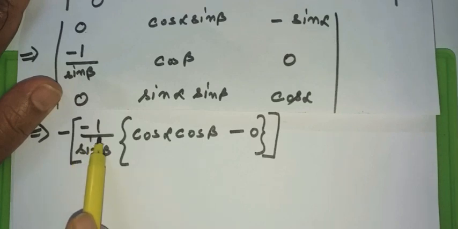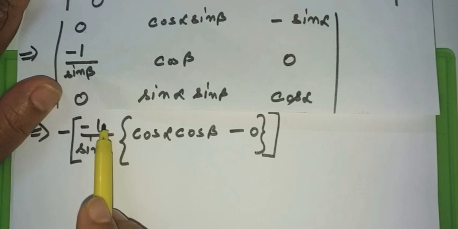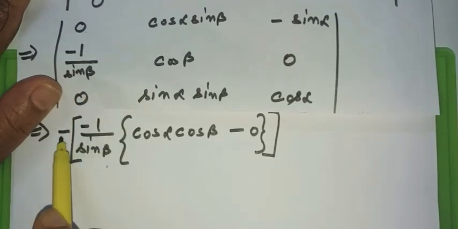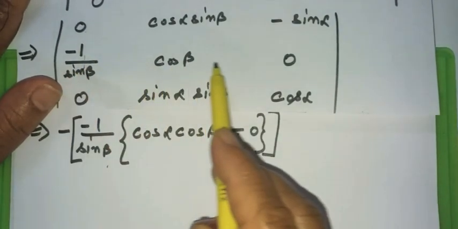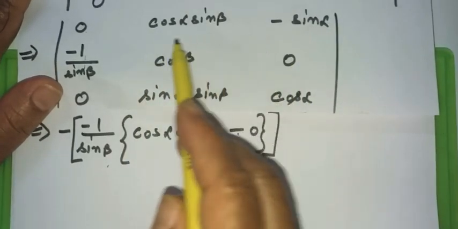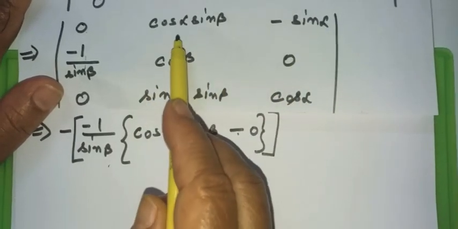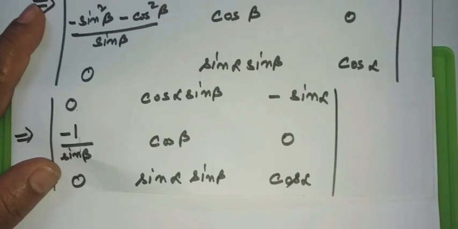So minus 1 upon sine beta becomes negative of minus 1 upon sine beta, multiplied by its cofactor. With the cofactor, I neglect the column and the row in which it lies. So I get cos alpha into sine beta into cos alpha.